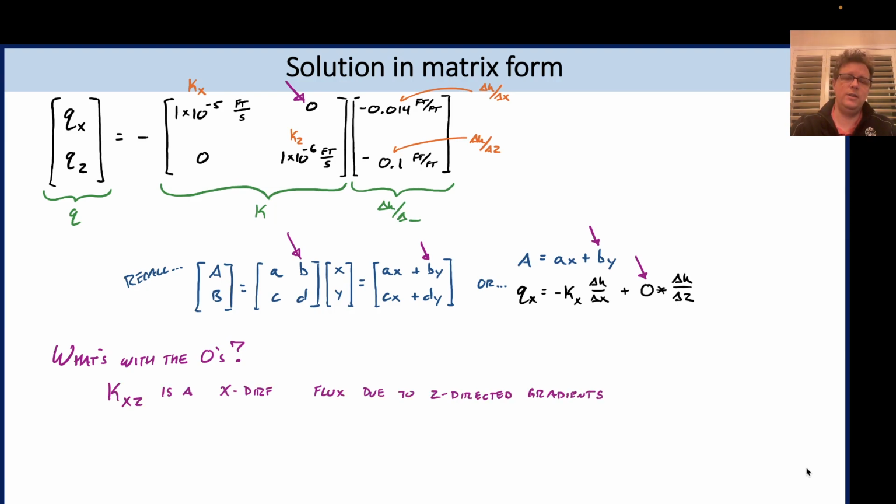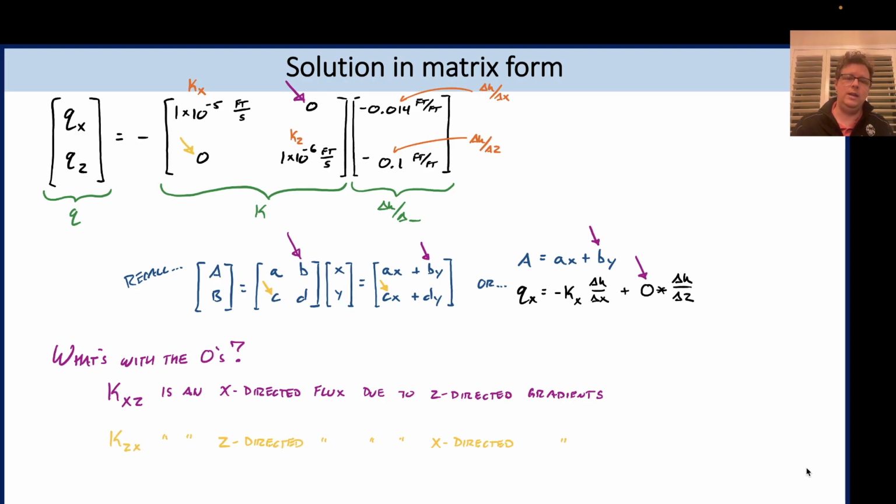Now, what that strictly represents is what we would call KXZ. Those subscripts meaning it's a hydraulic conductivity in the x direction that is realized when you have a gradient in the z direction. So it's an x-directed flux due to a z-directed gradient.